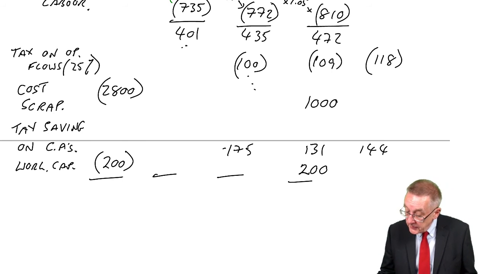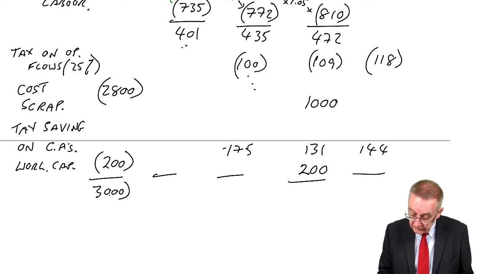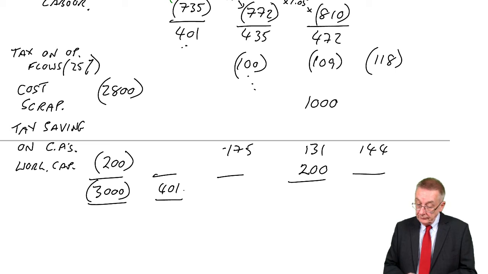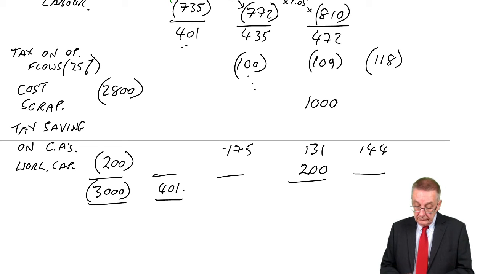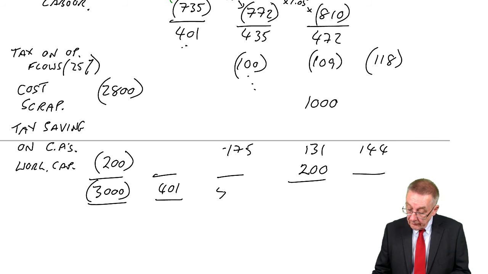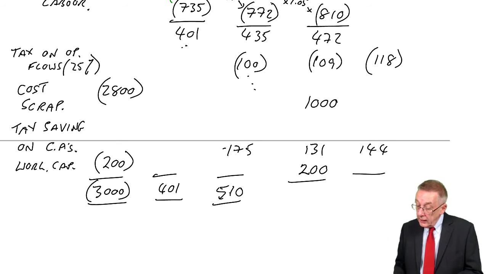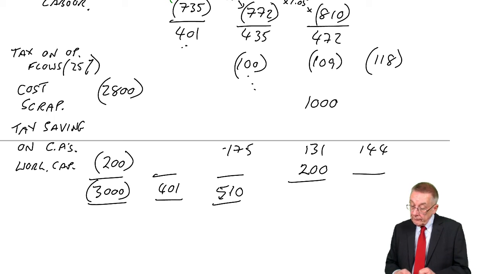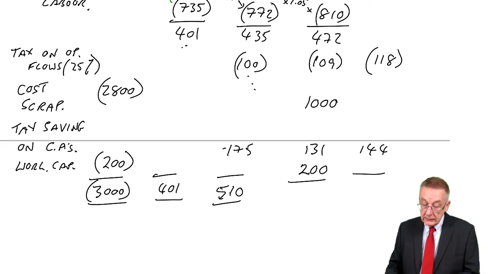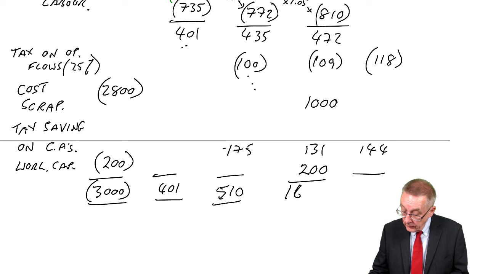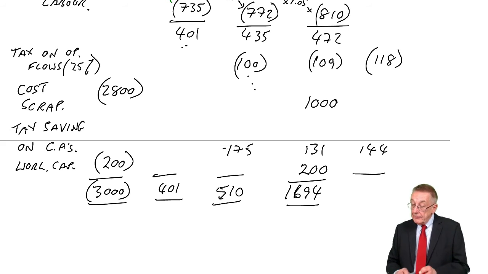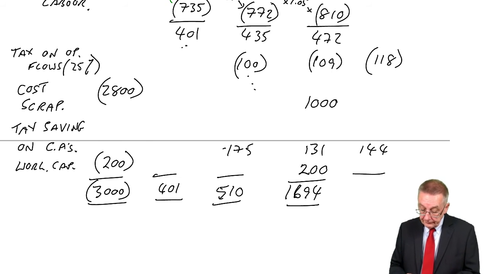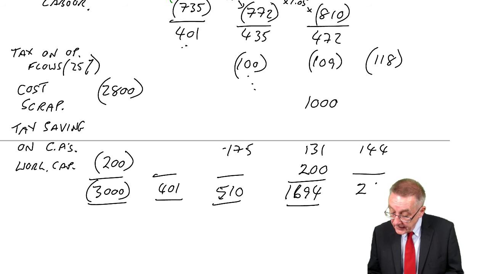So, what are the net cash flows? Inflow 401, inflow 510 at time 3, 1,694 and finally at time 4, 26.